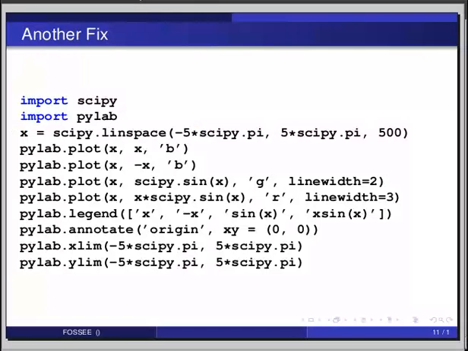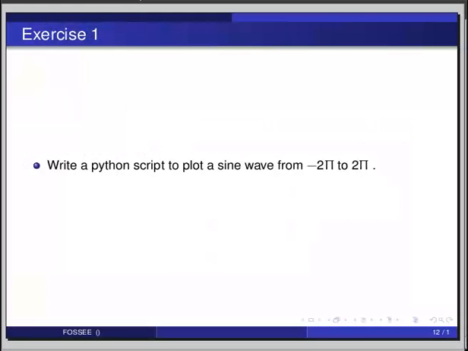So now pause the video here and try out the following exercise and resume the video. Write a script to plot a sine wave from -2pi to 2pi. It can be solved as follows. In the first line we import the required functions linspace, sin and constant pi from the module scipy.